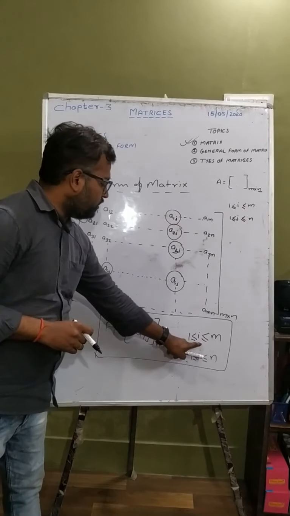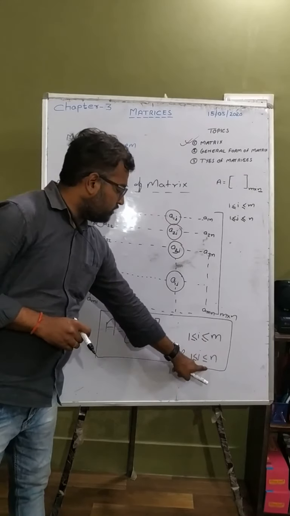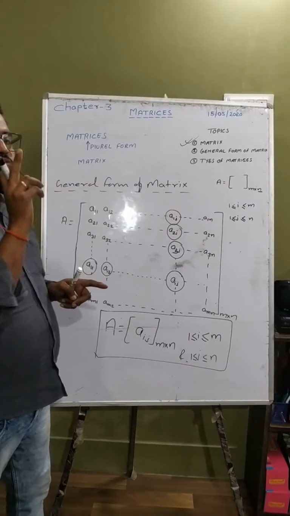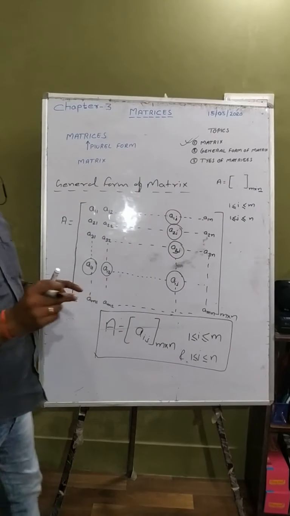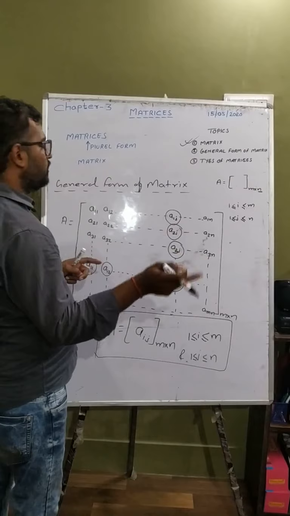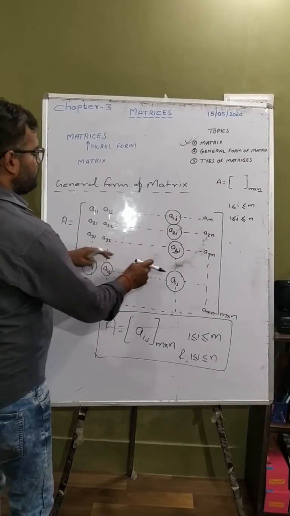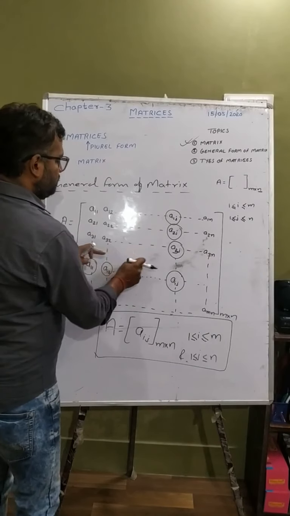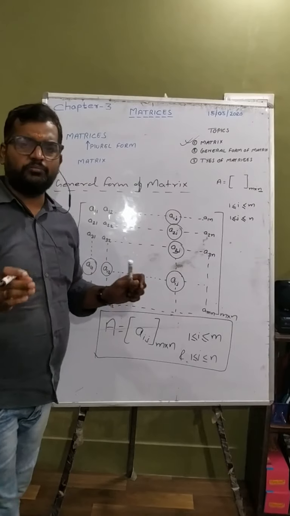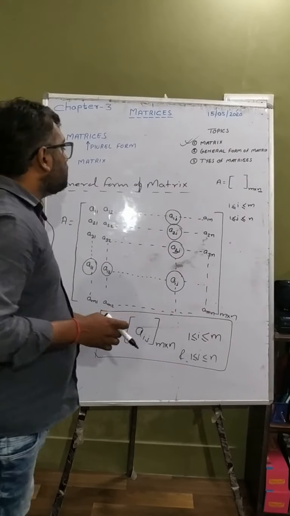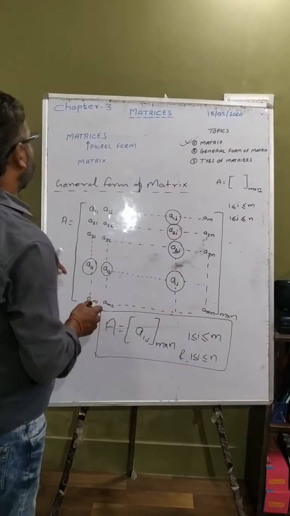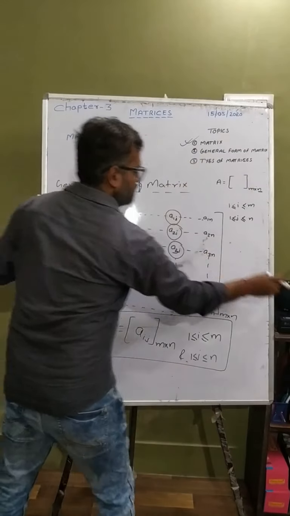If we put I equals 5 and j equals 3, then which row? Fifth row. And which column? Third column. First, second, third, fourth, fifth row and the third column. Here will be the element. Getting the point? This is called the general form of a matrix.